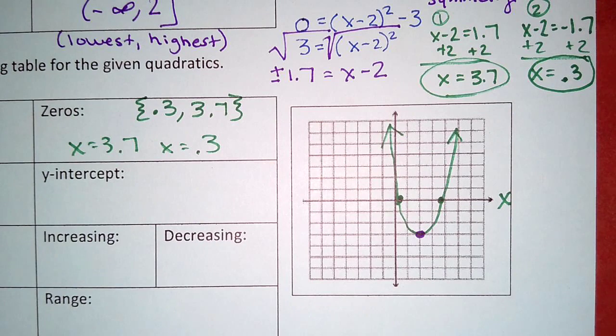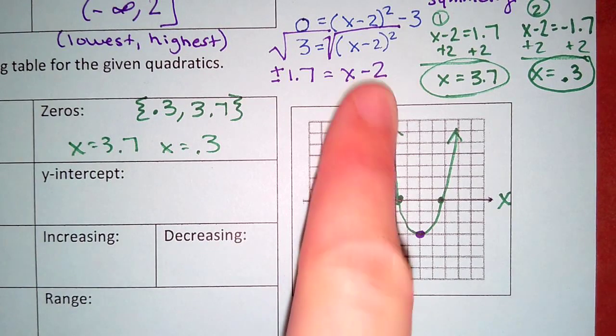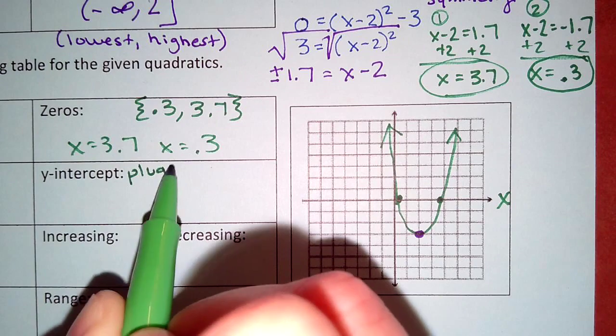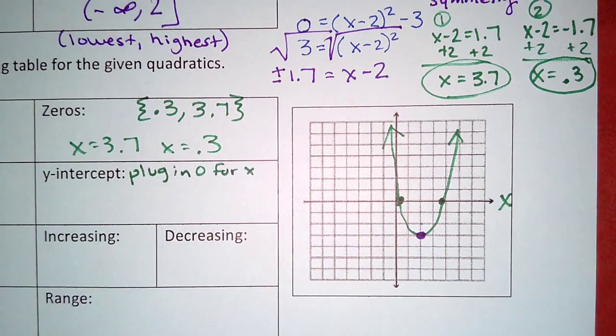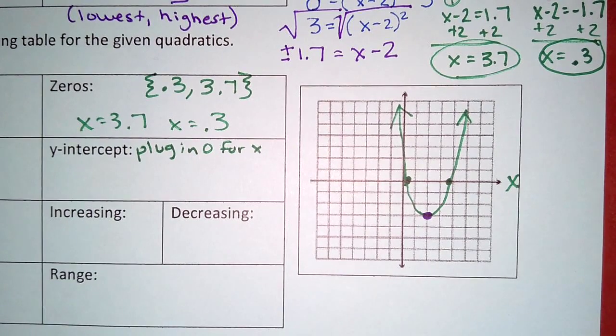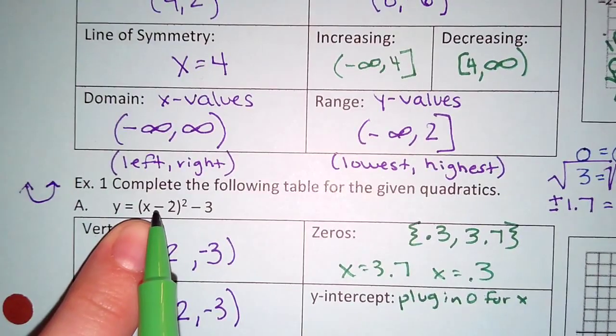Y-intercept. Oh, it's not very clear where it passes the y-axis, is it? Can you notice for sure the ordered pair where it hits this y-axis? No. So what could we do? We could plug in 0 for x and solve. In my formula here, I'm going to plug in 0 for x.